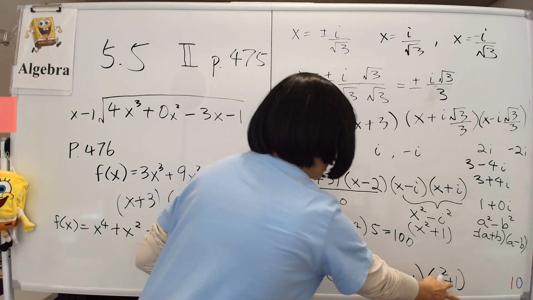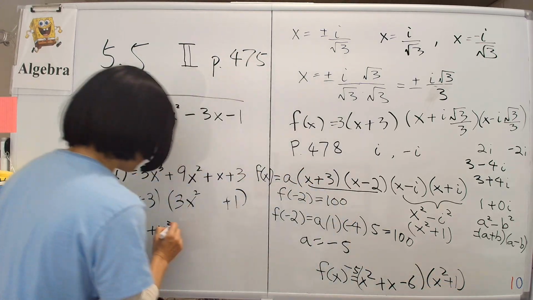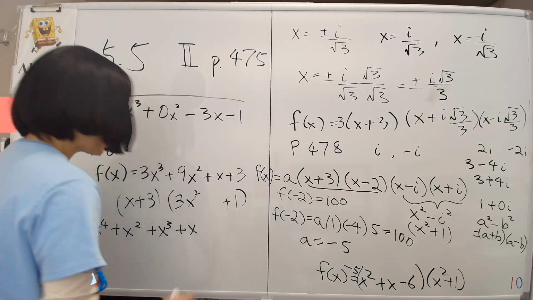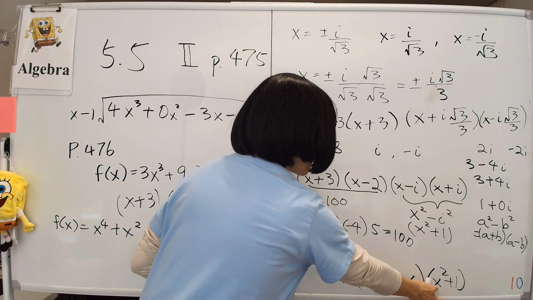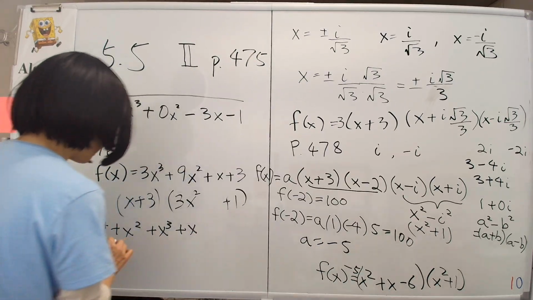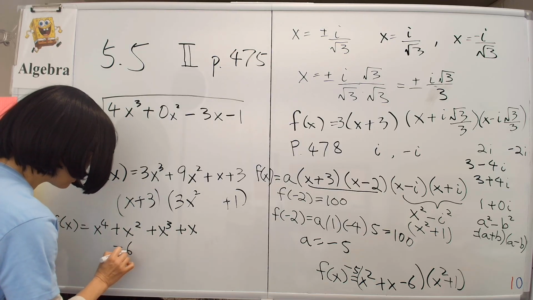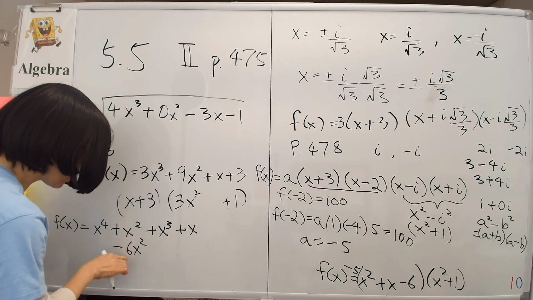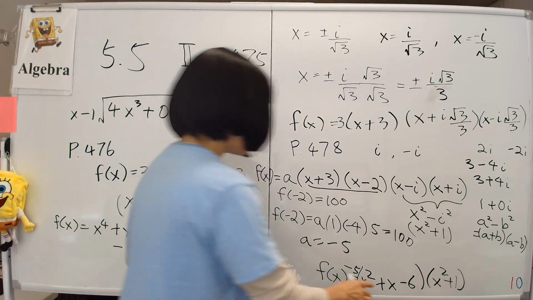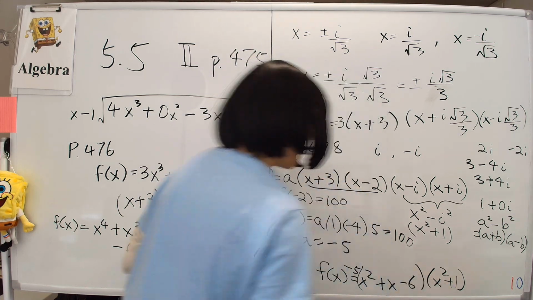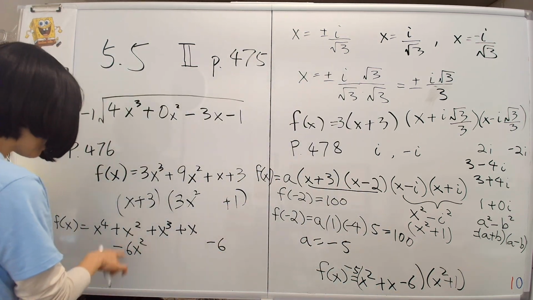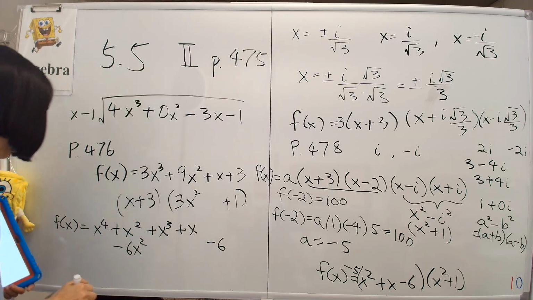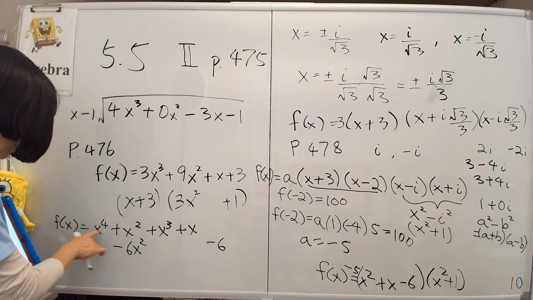Plus x times 1 is plus x. Lastly, the last guy stands up to shake hands. Minus 6 times x squared is minus 6x squared. I'll write it over here, minus 6x squared, because it looks similar to that guy. And then minus 6 times 1 is minus 6. So writing it next to that guy didn't do me a whole lot of good. Well, whatever.